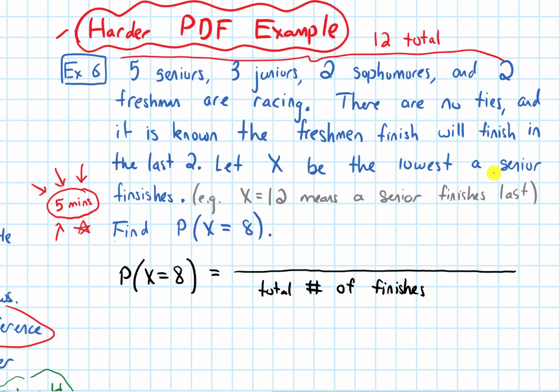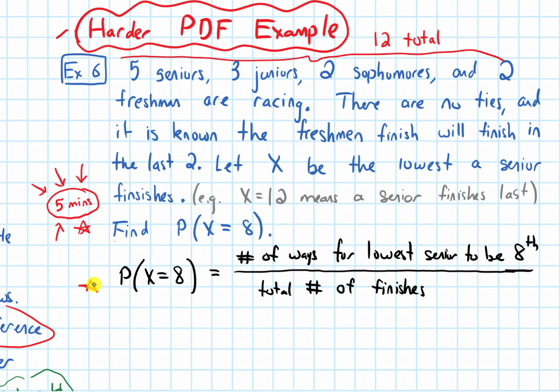That means the lowest a senior finishes would be 8th. So the top is going to be the number of ways for the lowest senior to be 8th.